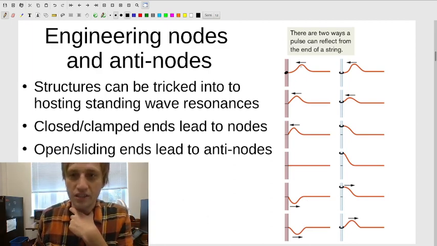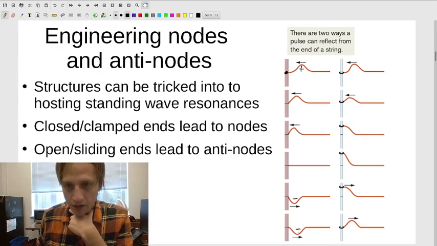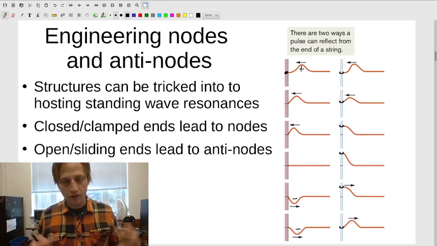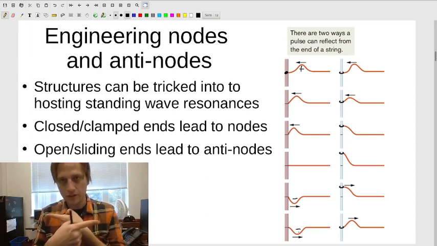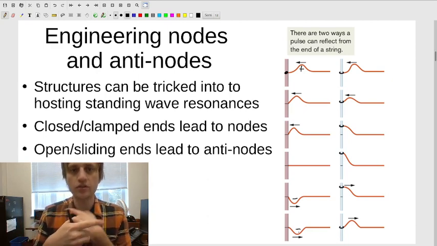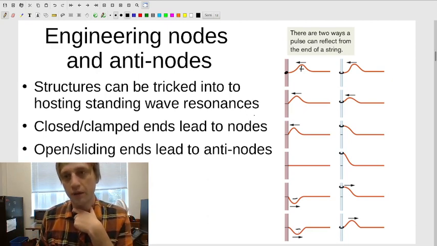So in this case, this would be a positive displacement, and then this would be a negative displacement. If you do that a bunch of times and you add them together, the sum of these incoming and outgoing waves can lead to your wave resonance or your standing wave.